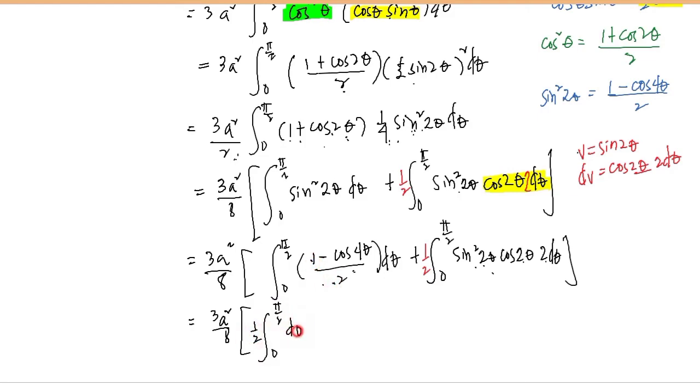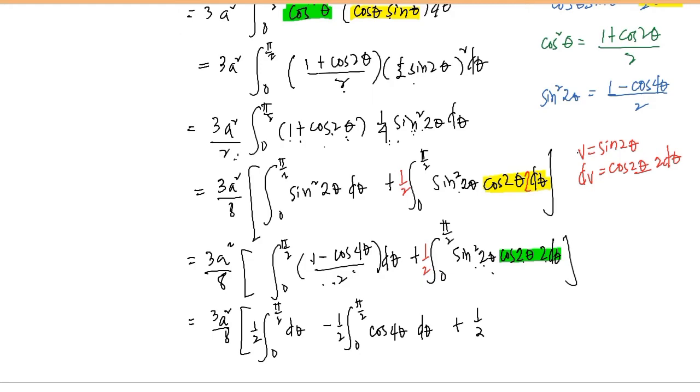That is d theta minus the integral of, that's 1/2 limit from 0 to pi over 2 cosine of 4 theta d theta plus 1/2, since the derivative of sine 2 theta is cosine 2 theta d theta, right beside it is its derivative, therefore we can make use of the general power formula.